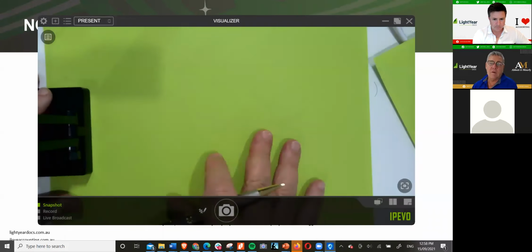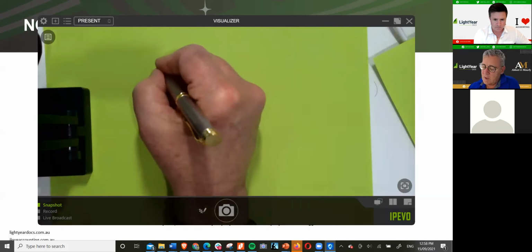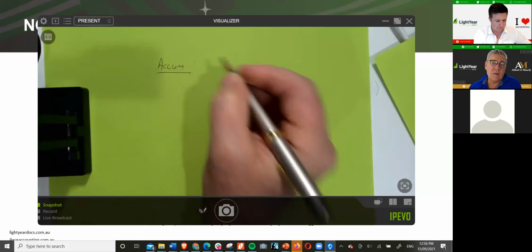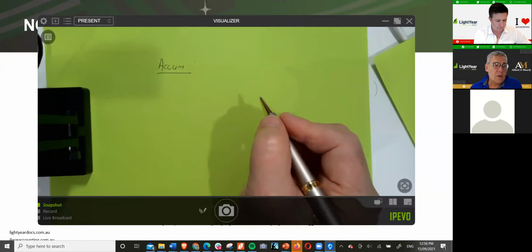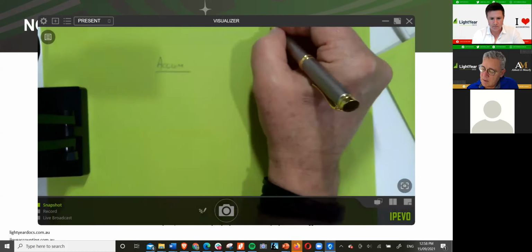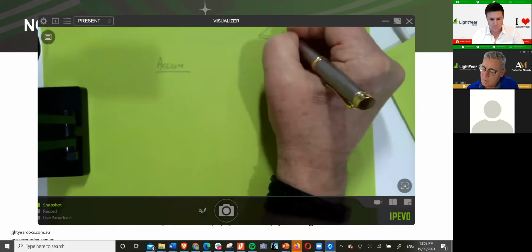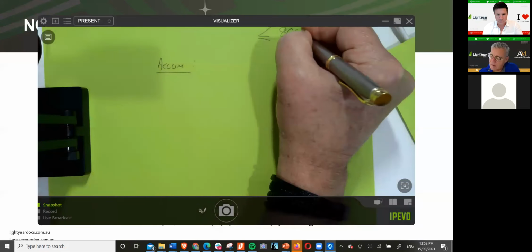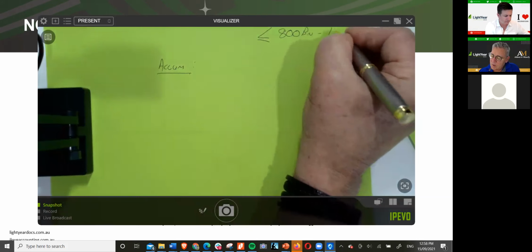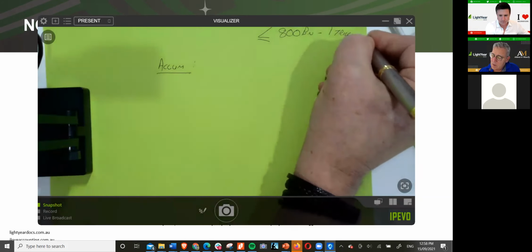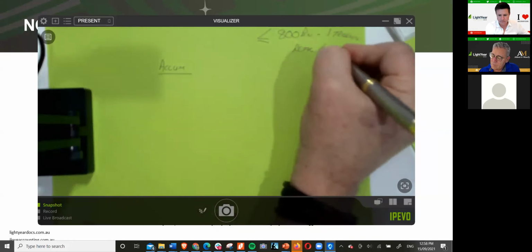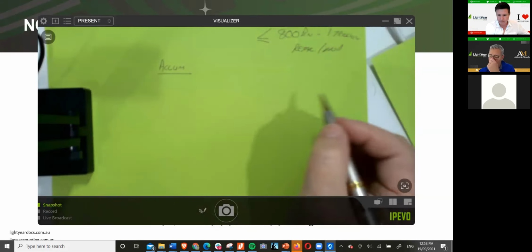So the first profile that we're going to look at is for the accumulation guys. Now, just as an aside, at this present point in time, there is in excess of 800, in fact, I think it's up around 800 billion to $1 trillion, which is sitting in retail and industry funds.